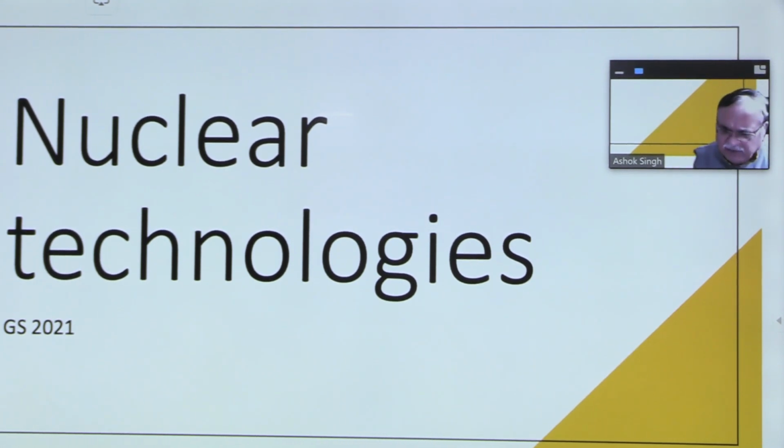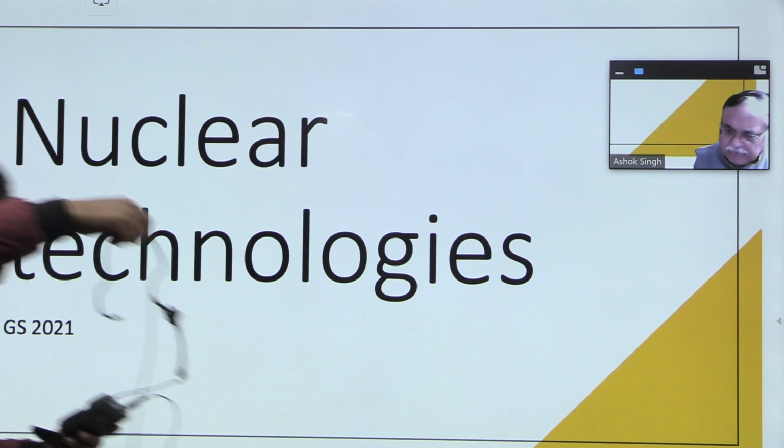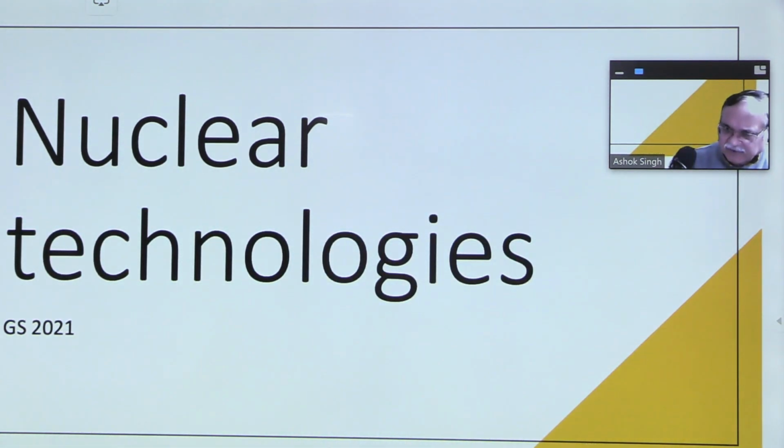See, science and technology has a wide range of areas in every exam, whether you are appearing in state services like the Bihar Public Service Commission or UPSC or UPPSC, etc. You'll find a lot of areas are covered as part of science and technology.